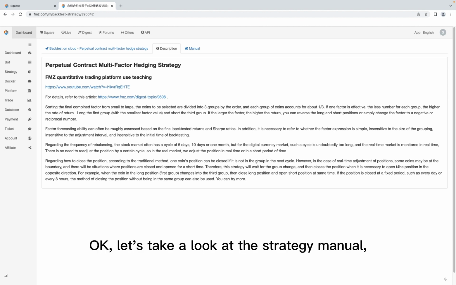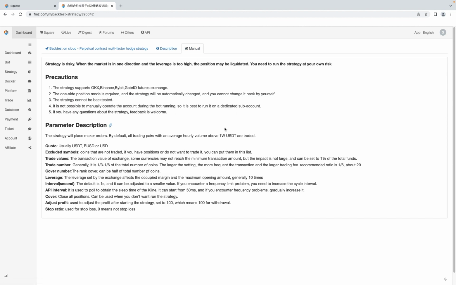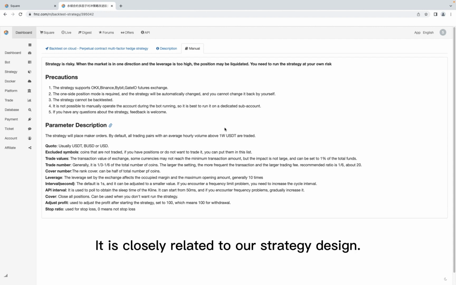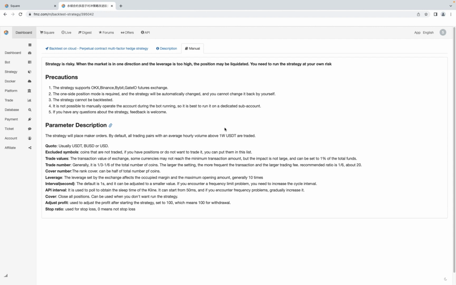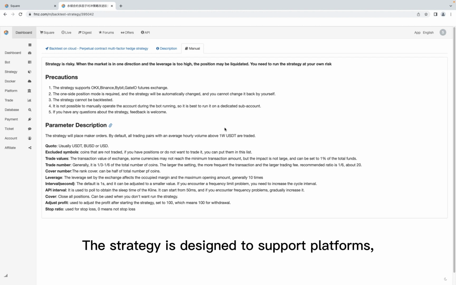Therefore, this strategy is designed as a real-time position adjustment mechanism. Okay, let's take a look at the strategy manual. The strategy manual is a list of things we should pay attention to when using the strategy. It is closely related to our strategy design. The strategy is designed to support platforms such as OKX, Binance, Bybit, and Gate.io.